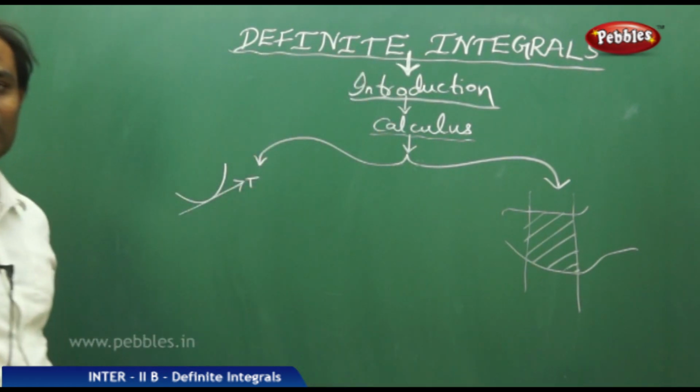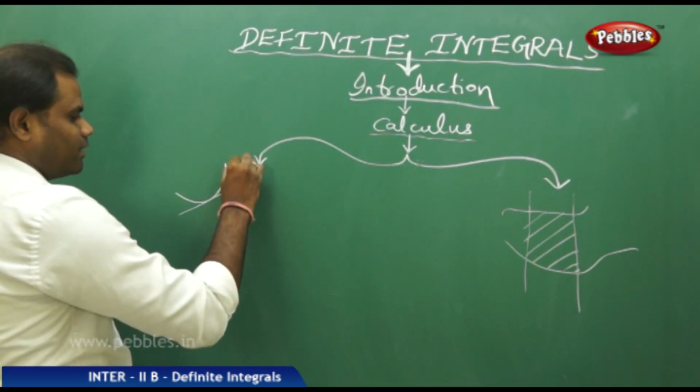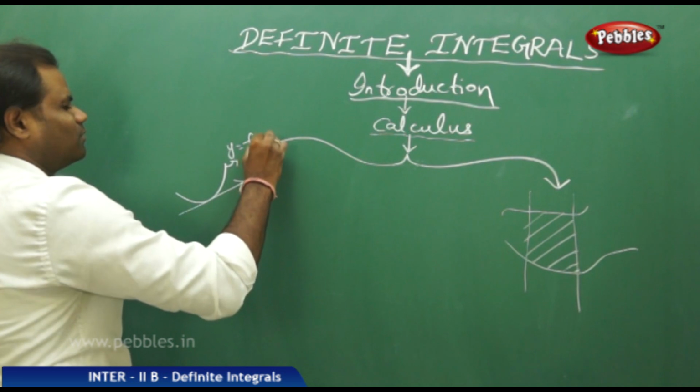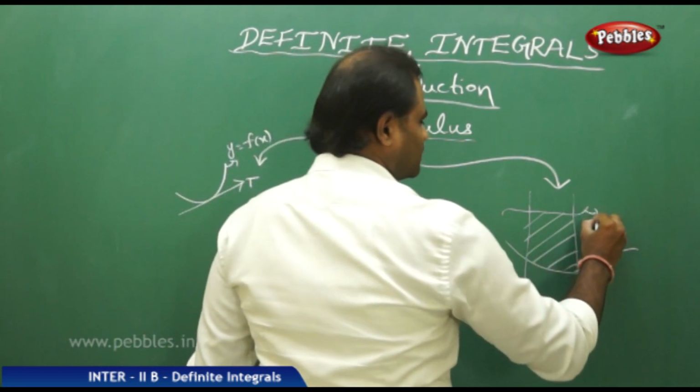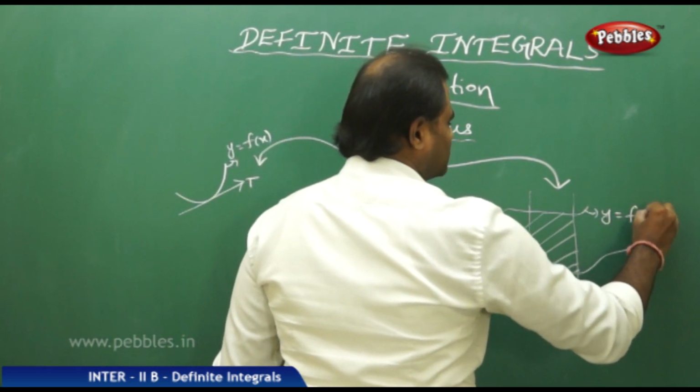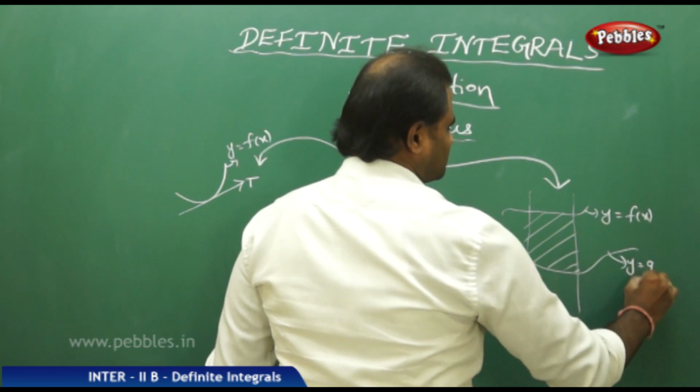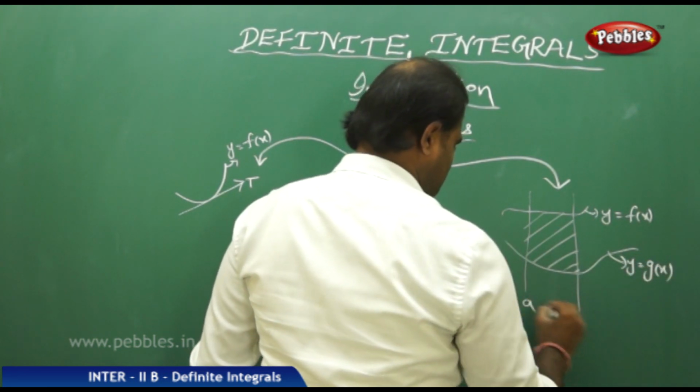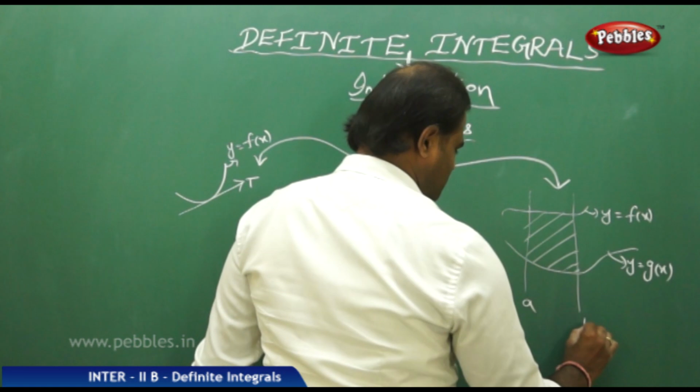So this is how calculus has originated, where the curve is given by y equals f of x, between x equals a and b.